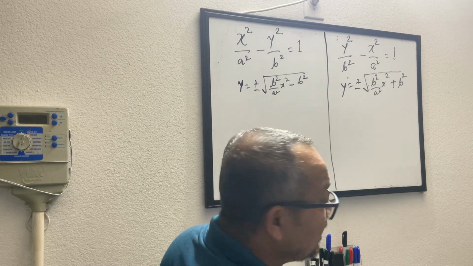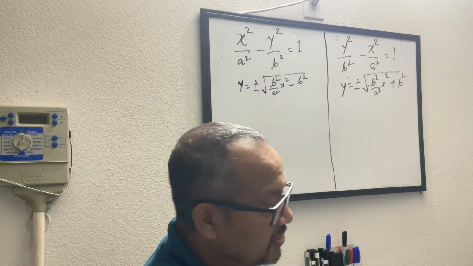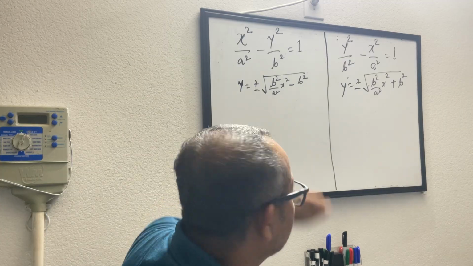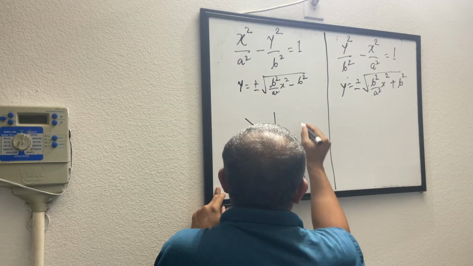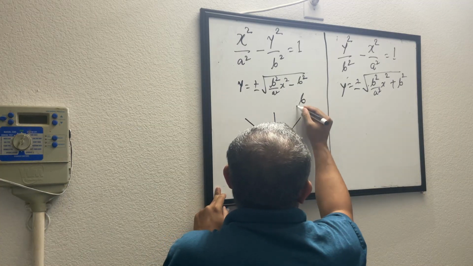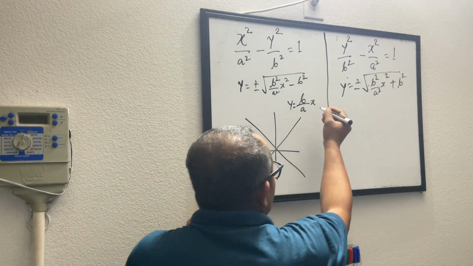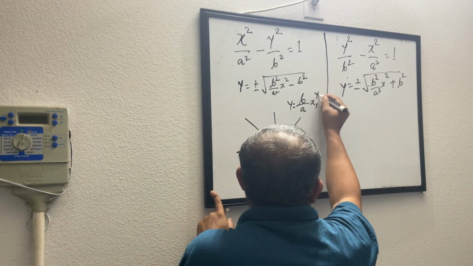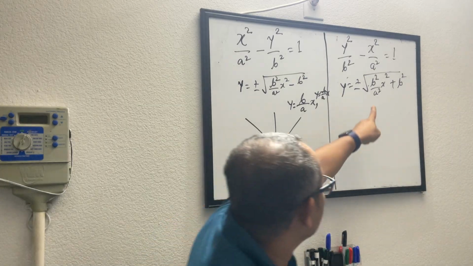Now, think about it. In this case, if this is my asymptote, the asymptote is always going to be b by a times x. This is the equation for the asymptote, right? One will be with the plus value, the other asymptote will be minus b by a times x. Here also the same thing.